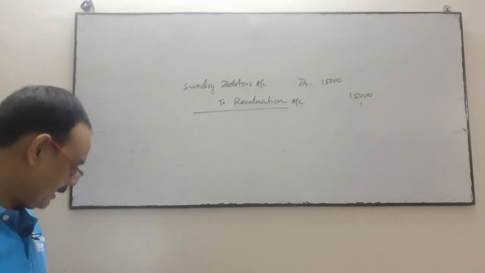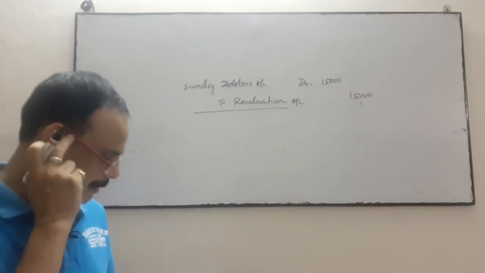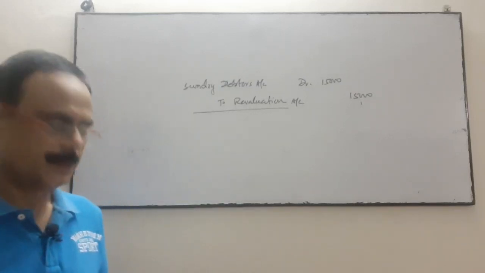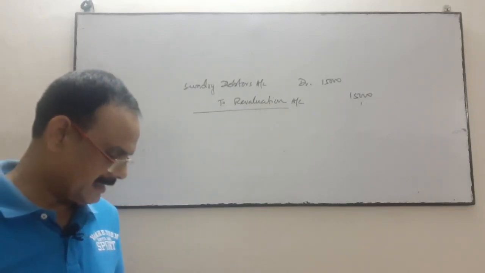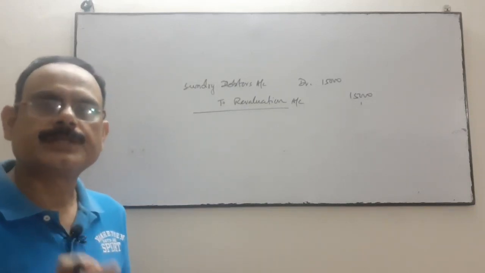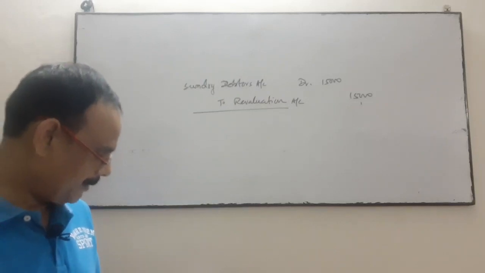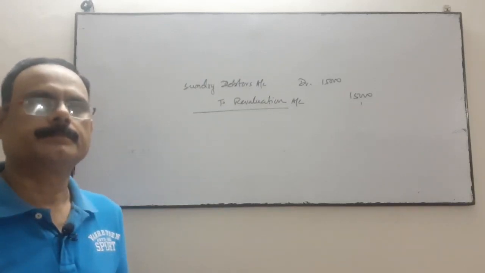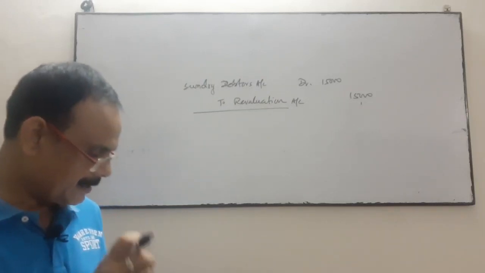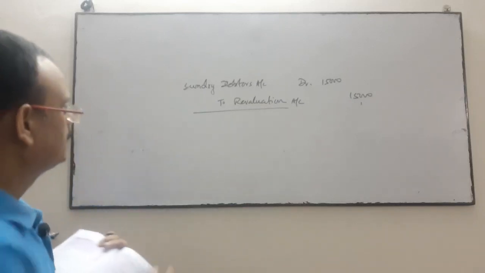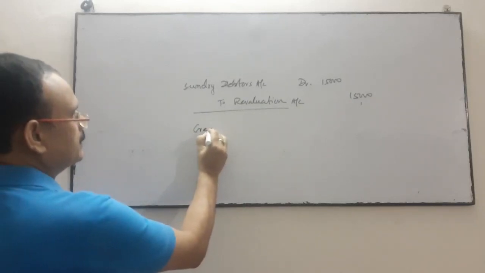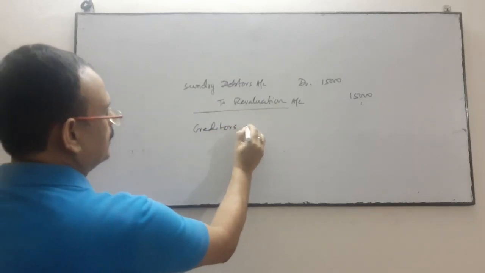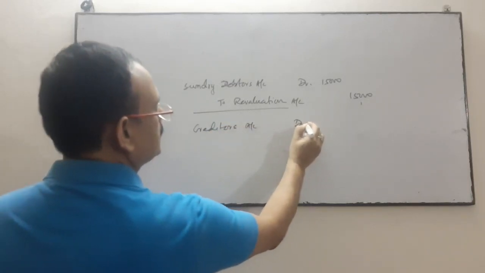Next is a liability for claim included in creditors for rupees 20,000 is settled at rupees 16,000. Creditors account debit 20,000.